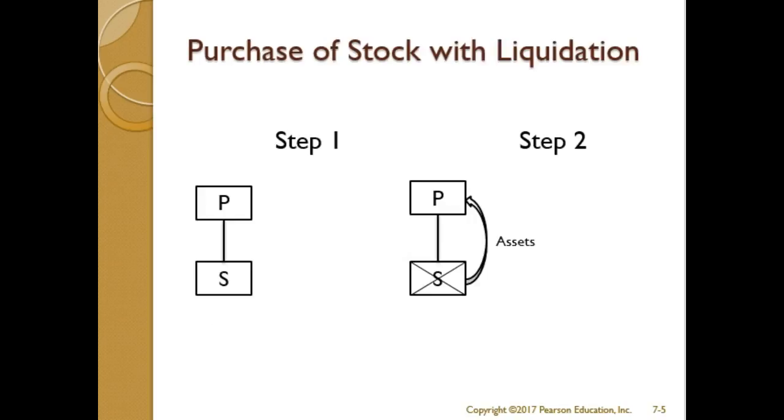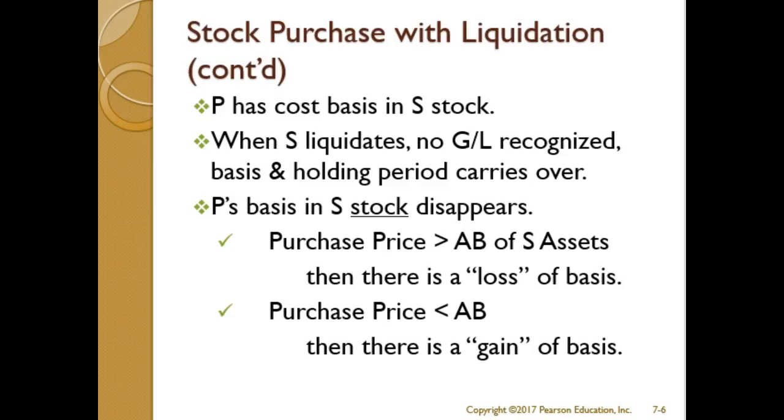Purchase of stock with liquidation, meaning parent buys the subsidiary's stock and then liquidates the assets. So when that happens, the parent has a cost basis in the stock, but when S subsidiary liquidates, no gain or loss is recognized and the holding period carries over.